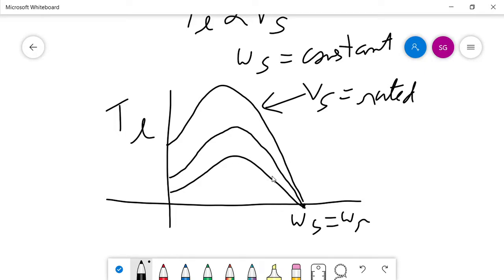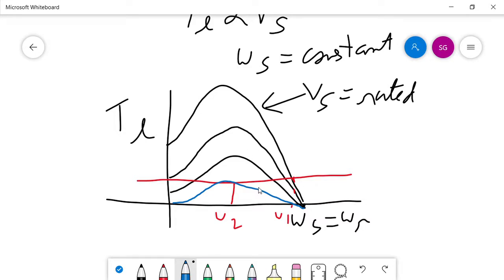So we can always shift the slope of this characteristic line such that it matches the load characteristic. So if our load is like this and we want to shift the speed from here to here, this is omega 1, this is omega 2, we just need to find a suitable voltage such that this characteristic matches this.